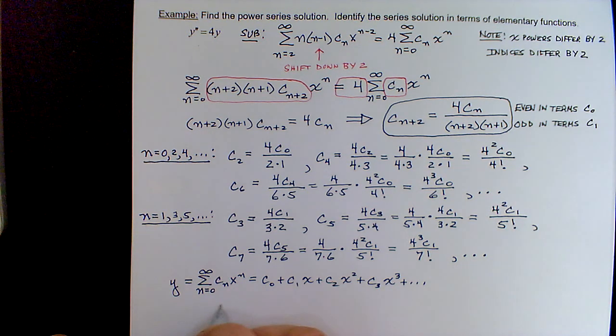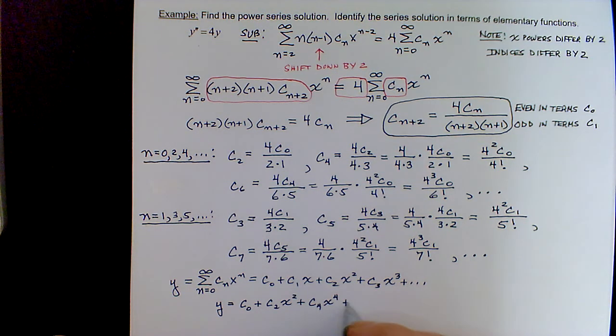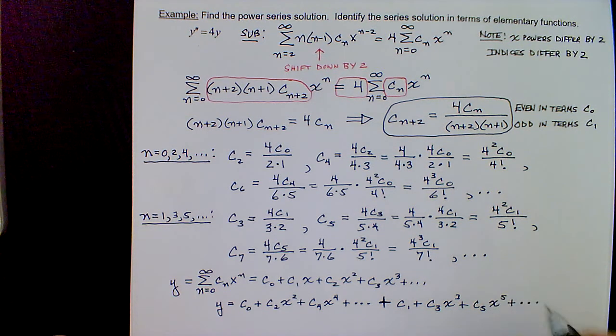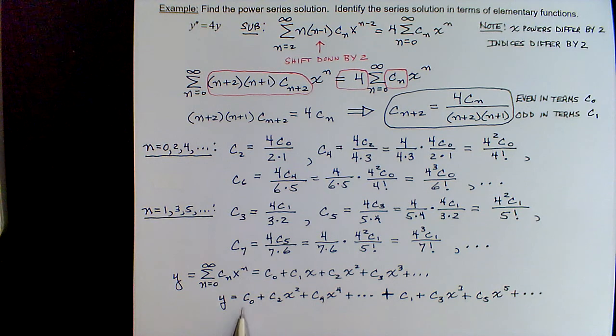So maybe we want to write that y is, this might be a little bit awkward in terms of the notation, c sub 0 plus c2x squared plus c4x to the 4th plus dot dot dot, and then a big plus, and then c1 plus c3x cubed plus c5x to the 5th plus dot dot dot. Okay, meaning that these are the evens and these are the odds.